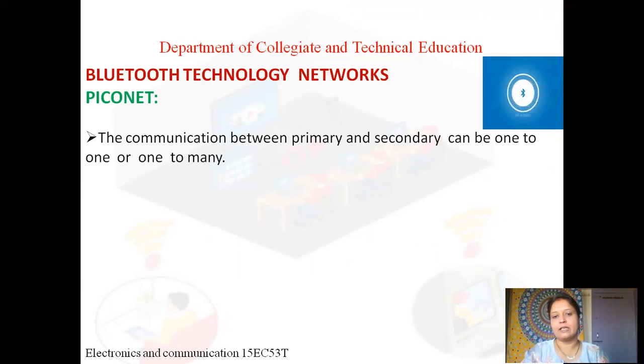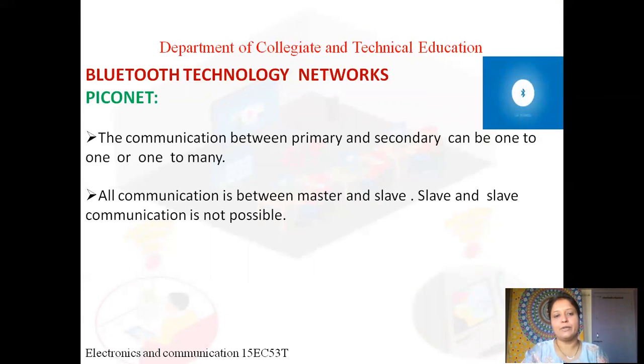Therefore, it can communicate point to point. All communication is between master and slave. Therefore, the slaves cannot communicate directly; slave-to-slave communication is not possible. All communication is possible between the master and the slave.